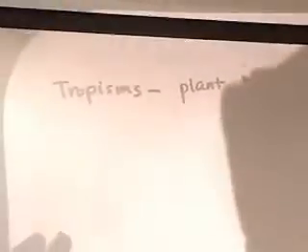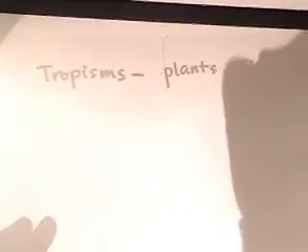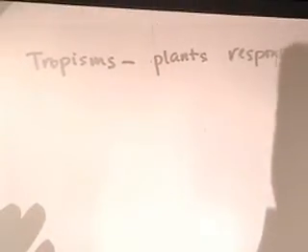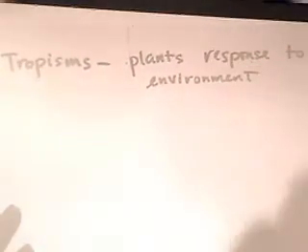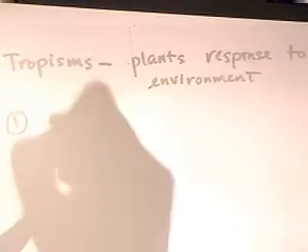Okay, so now we're going to look at tropisms. Tropisms are basically a plant's response to something in the environment. Okay, the first tropism we're going to look at is a plant's response to light.